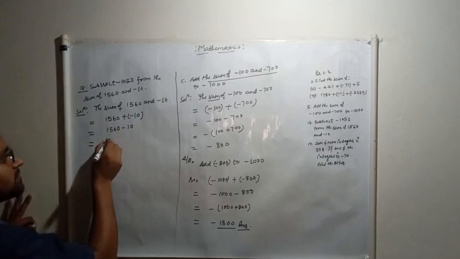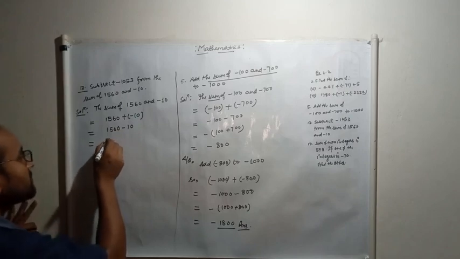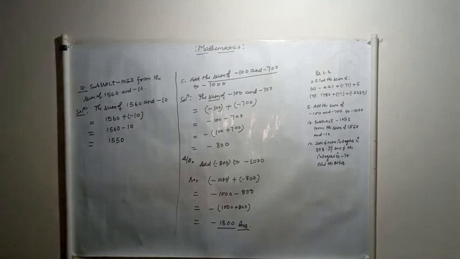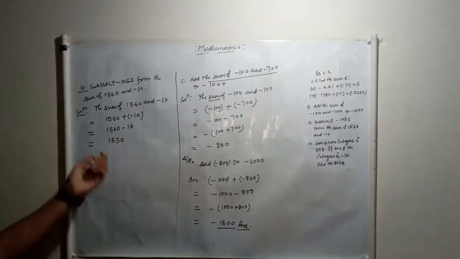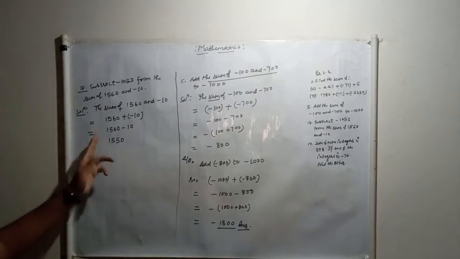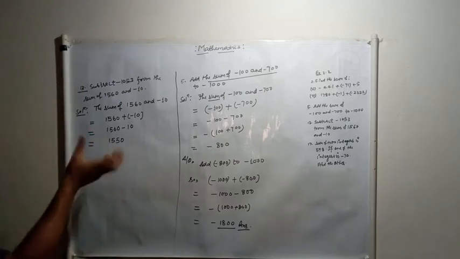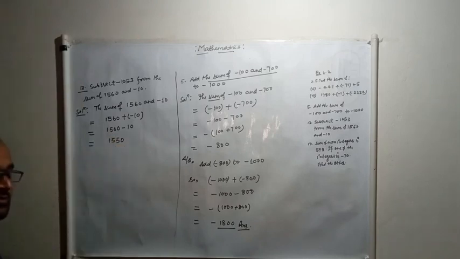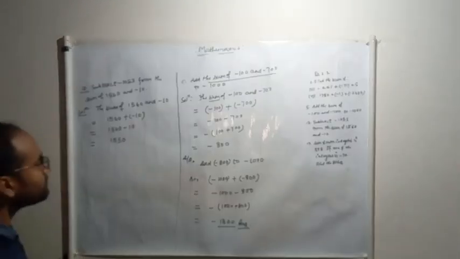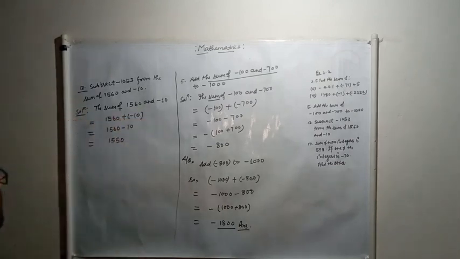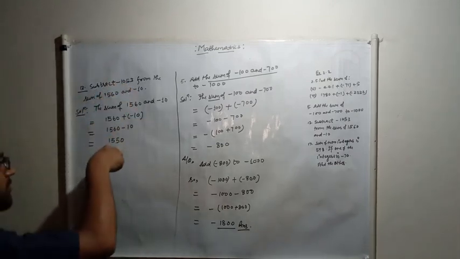Subtract this one. One is positive, other is negative, so we subtract the values and put the sign of the greater one. This one is greater, so that is plus. I'm not going to put the plus sign, because you know that if any quantity is written without sign, it is always plus. So 1550, we got the sum of these two quantities.